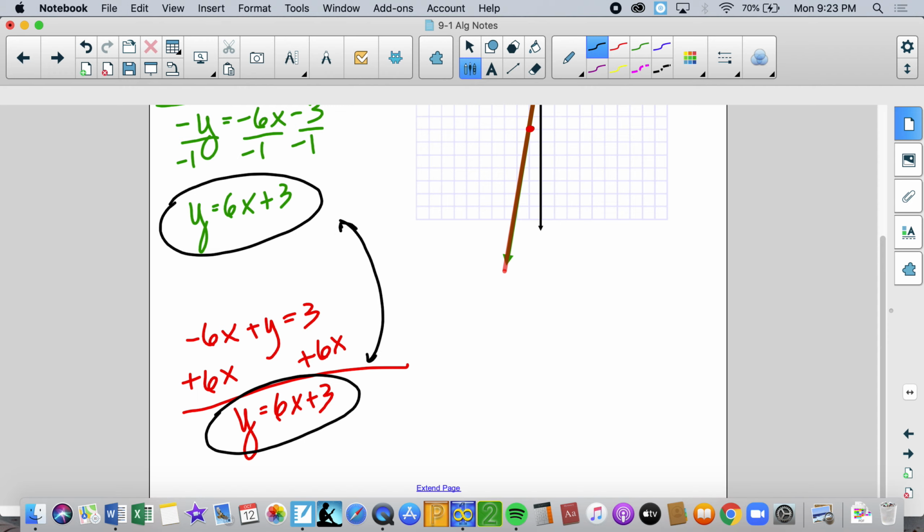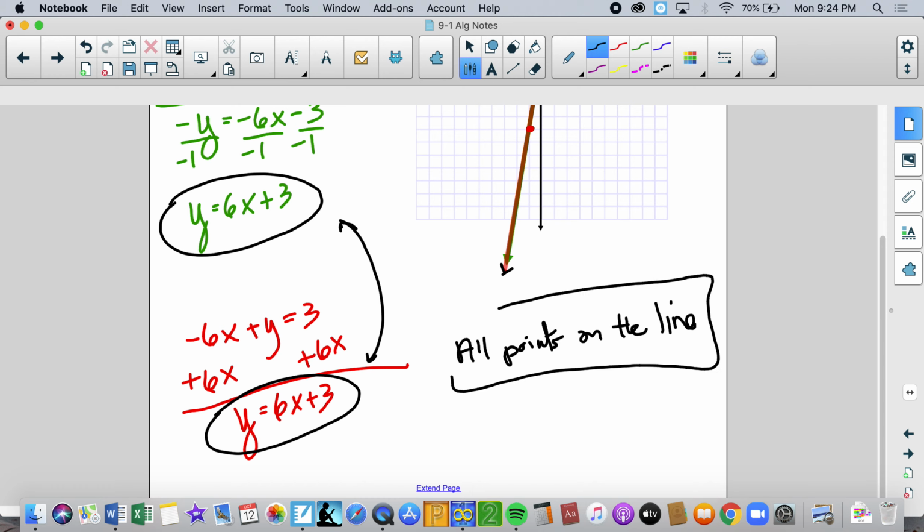They're the same equation. When they're the same equation, we know that the solution is going to be all points on the line. That's my solution.